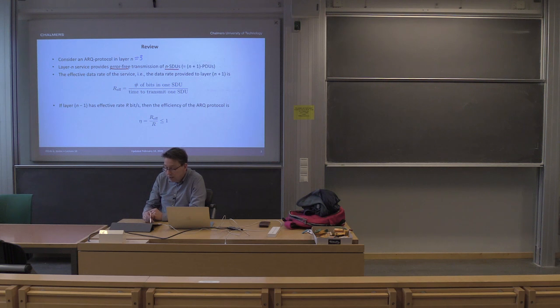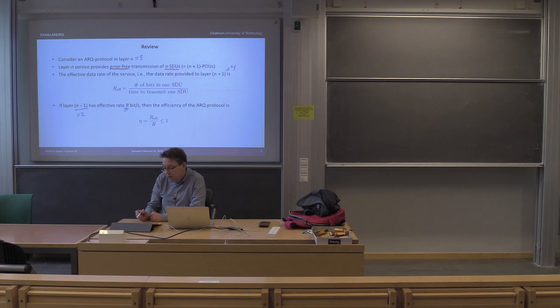So layer n-1, the layer below us: if we have layer 3 with the retransmission protocol, we provide a service to layer 4, but then we use layer 2 in this case in order to actually transmit the bits.